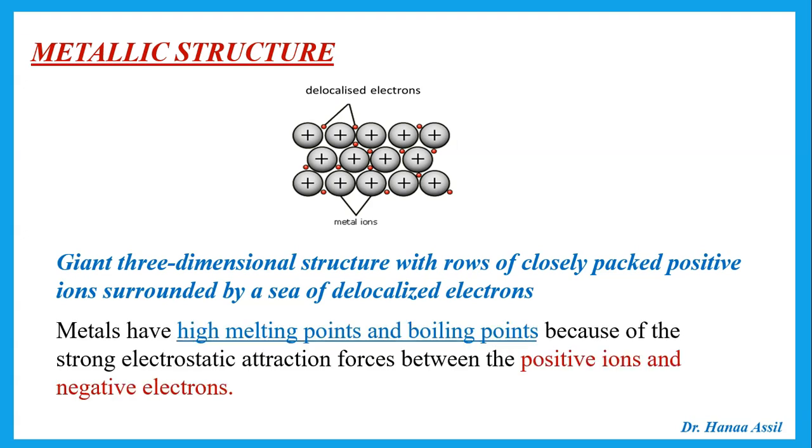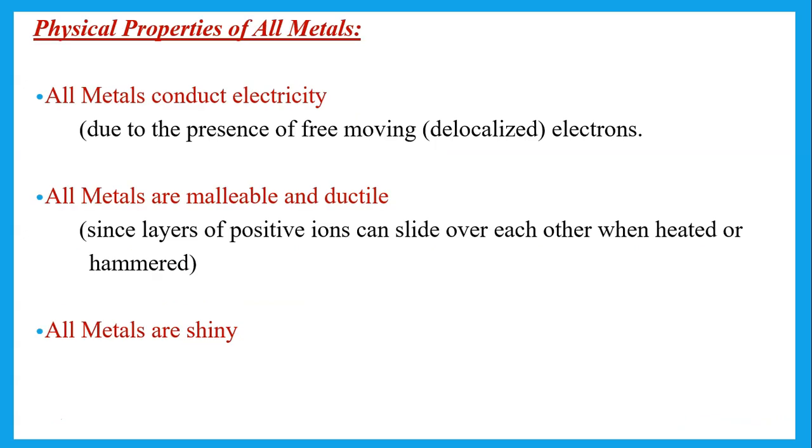Metals have high melting points and boiling points because of the strong electrostatic attraction forces between positive ions and negative electrons.